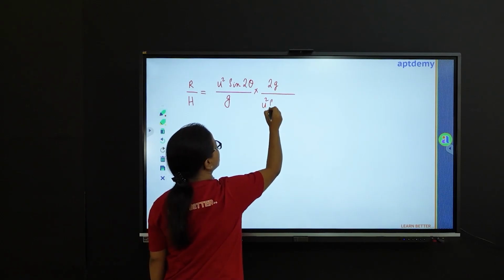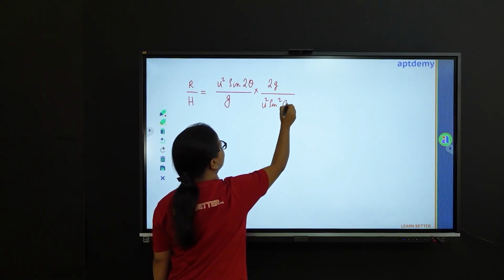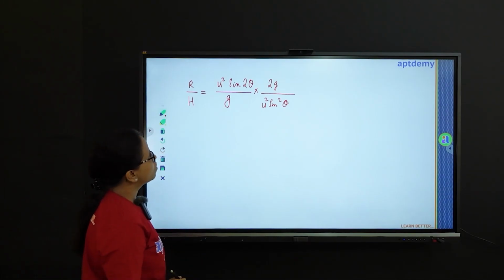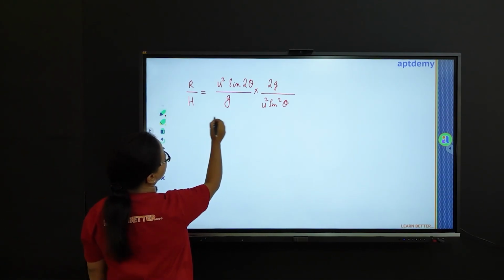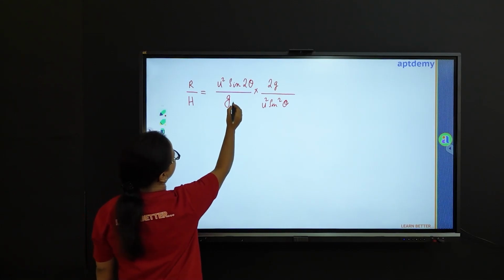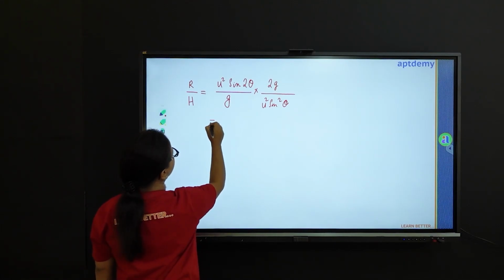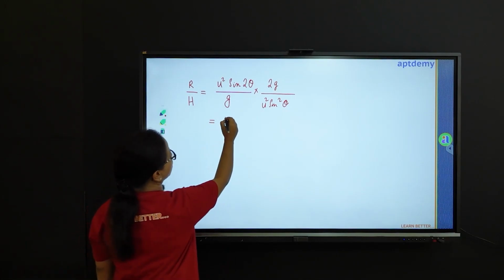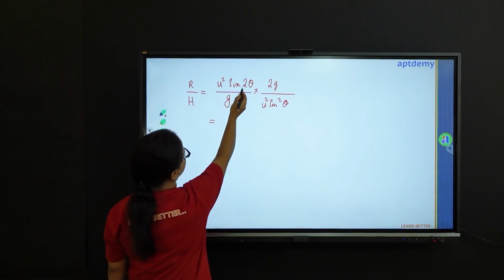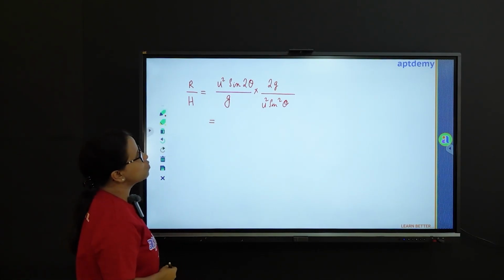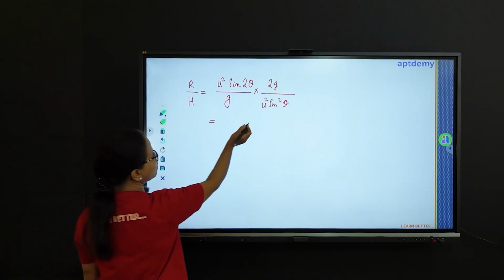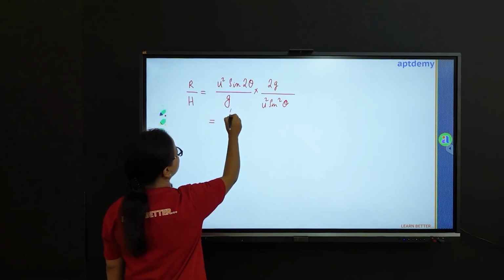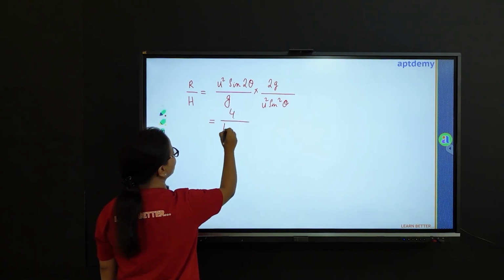So some terms get cancelled and we are left with sin 2 theta, which is 2 sin theta cos theta. So we have tan theta in the denominator. We get 4 by tan theta.